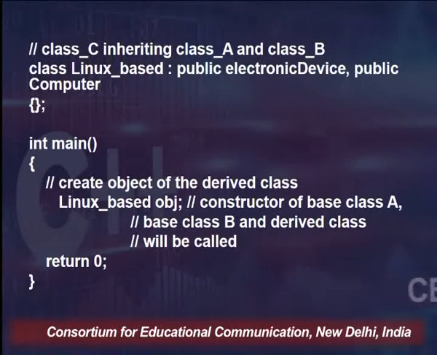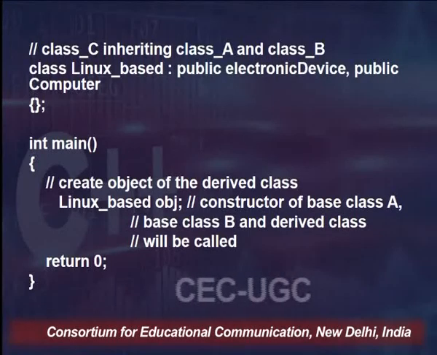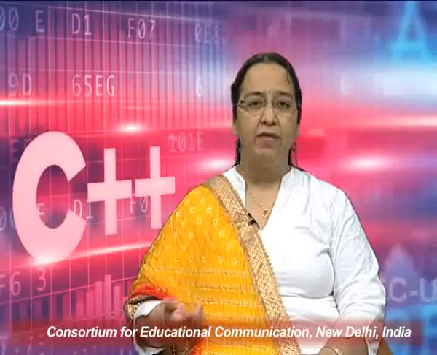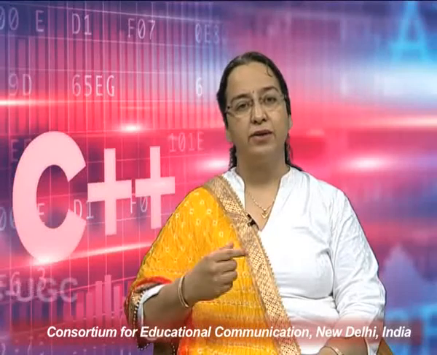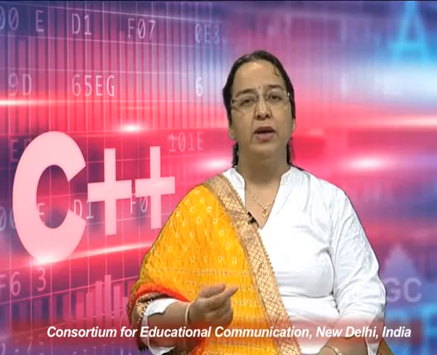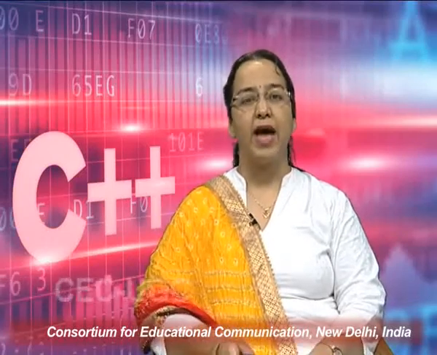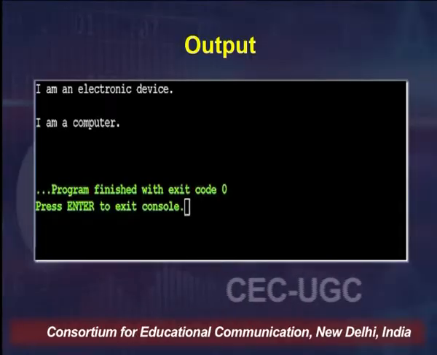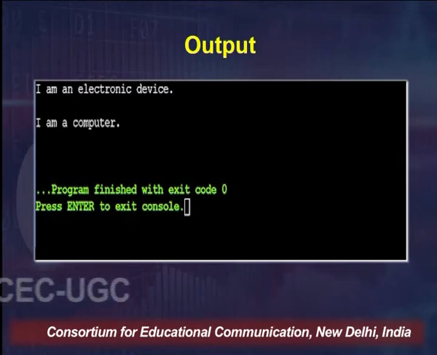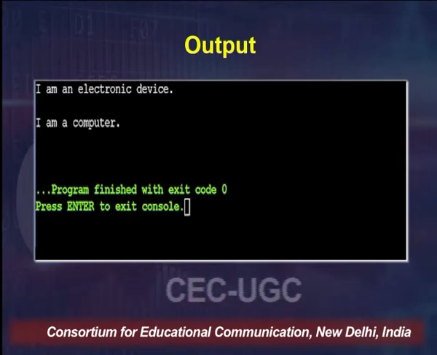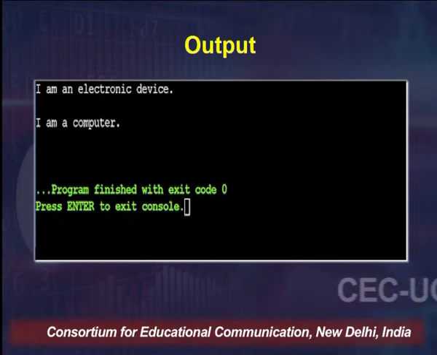As we have seen in single inheritance, a similar situation will happen here: the constructor of base class A, which is our electronic device, and the constructor of another base class, which is class computer, both will be called, and hence we will have the output I am an electronic device and I am a computer. I am an electronic device is the statement coming from base class 1, which is nothing but electronic device, and the second one, I am a computer, is coming from base class 2, which is the computer.